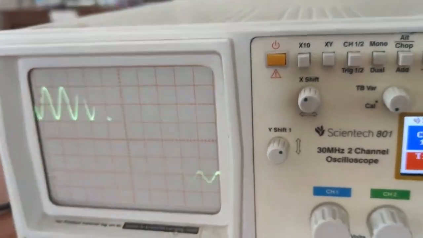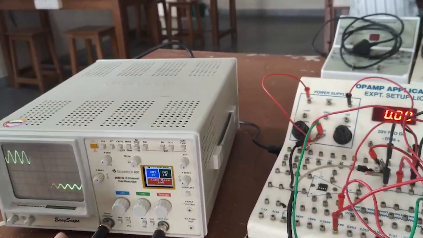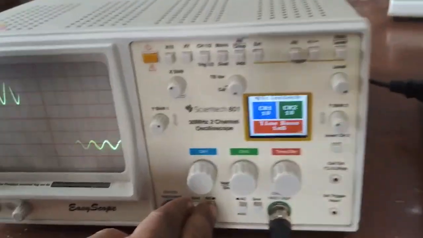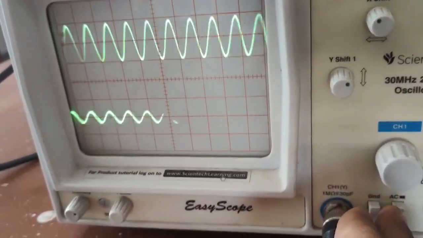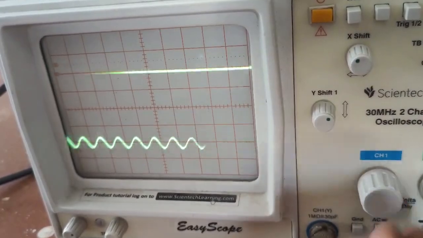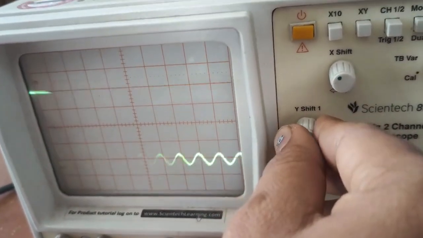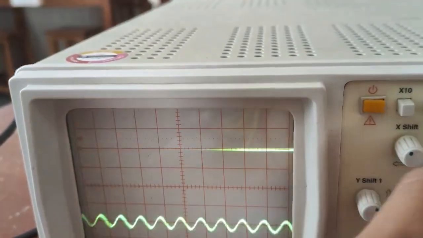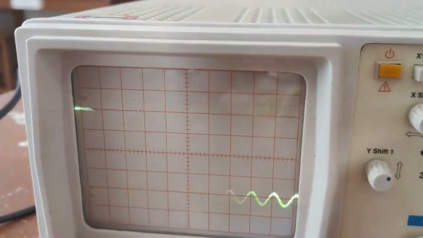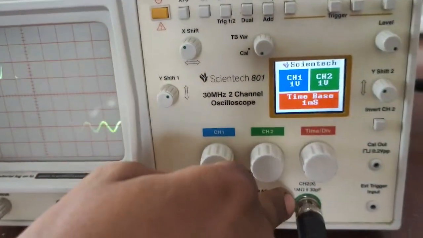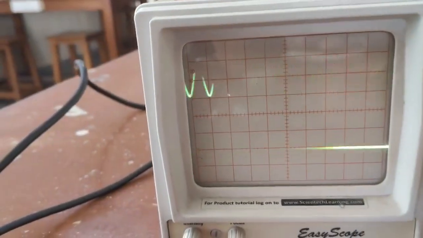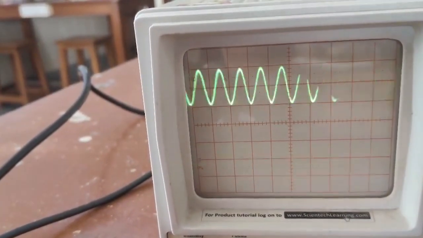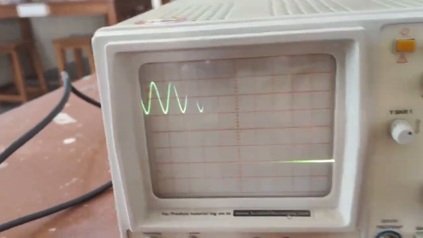Now next I'm going to show how to take the readings. A simple way to take a reading is, first set channel 1 to ground and adjust it to some origin line over here. This is the origin line I'm taking, and then we're going to do the same thing to channel 2, and this is the origin line.